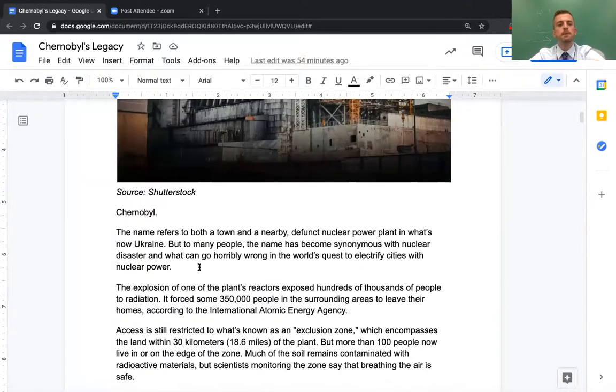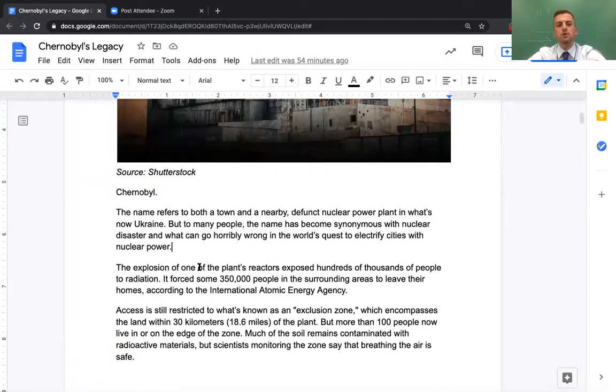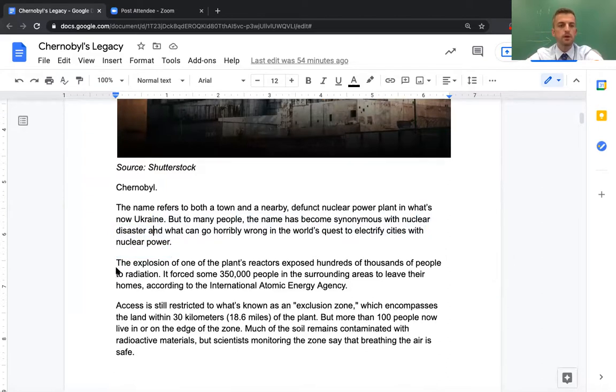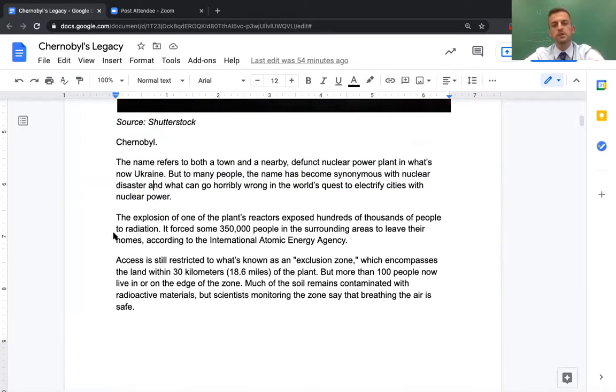Chernobyl. The name refers to both the town and a nearby defunct power plant in what's now Ukraine. But to many people, the name has become synonymous with nuclear disaster and what can go horribly wrong in the world's quest to electrify cities with nuclear power. The explosion of one of the plant's reactors exposed hundreds of thousands of people to radiation.